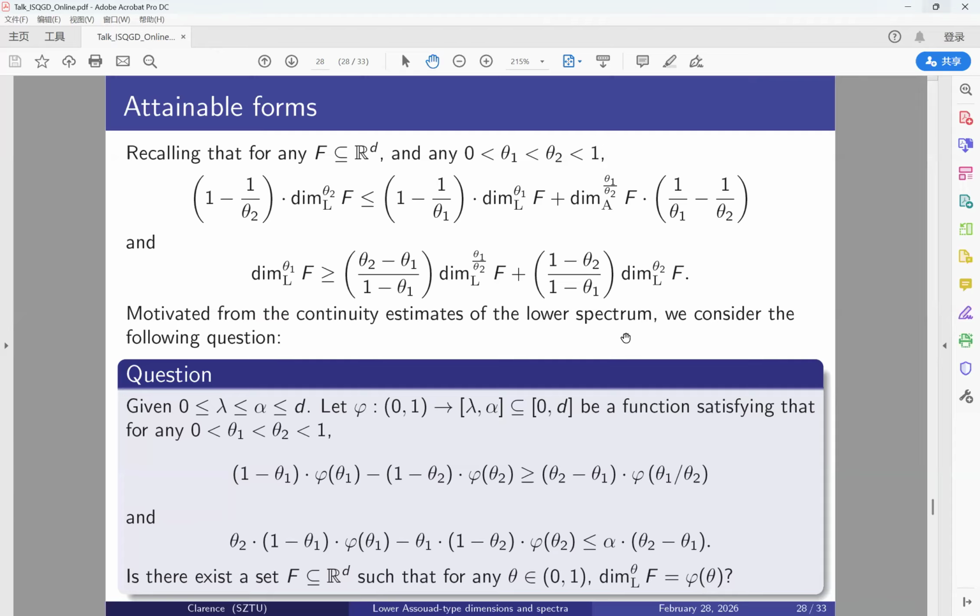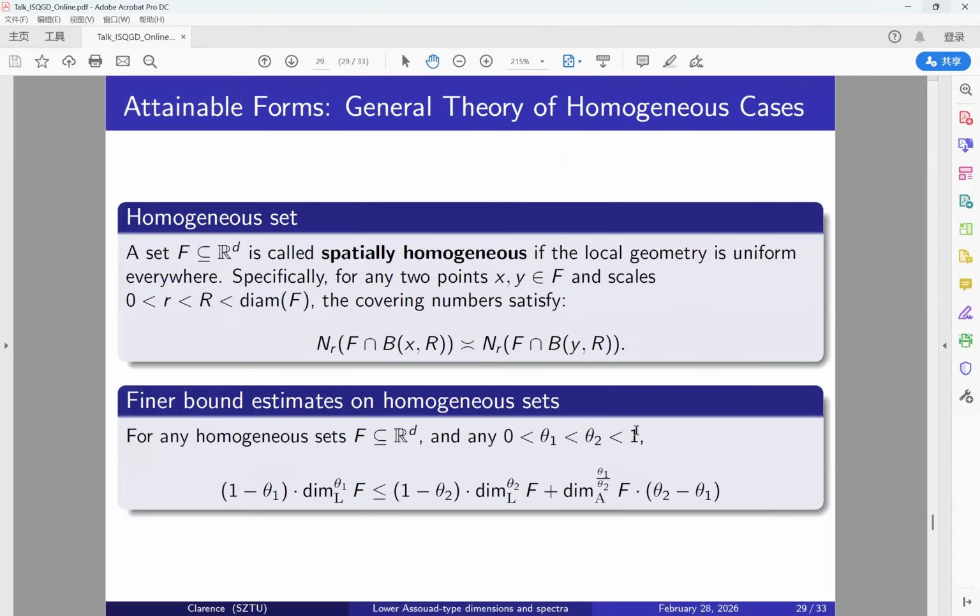However, for the general settings, it's quite hard to directly use this for the classification of the lower spectrum. Here I would like to say special cases which will be positive, but in general cases it remains a much harder question. So we say something about the general theory of homogeneous sets. So what is a homogeneous set? We say the set F is called homogeneous if the local geometry is uniform everywhere.